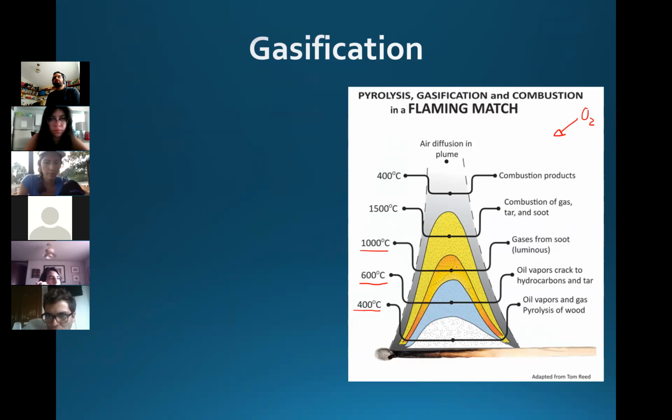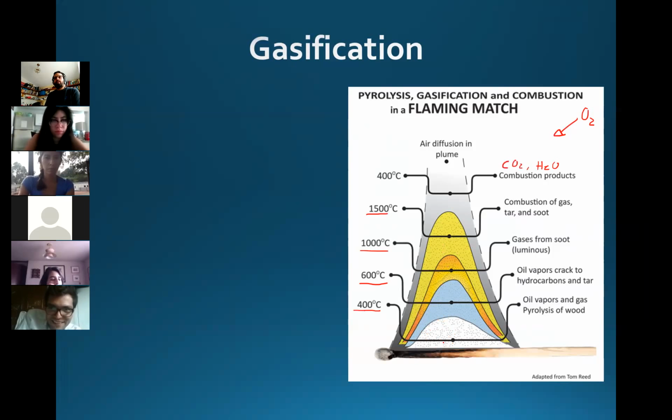And in the combustion, of course, we combust the gases, the tar, and the soot, that is the fine carbon, like a very fine powder that can combust too. And here the combustion products, if we have a good combustion, will be CO2 and water, right? Okay. So this is the combustion process.